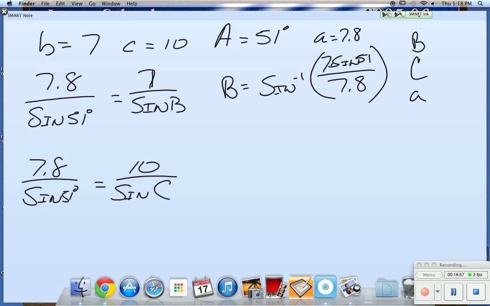Cross multiply and divide. And then I just took the inverse sine of both sides. This one here, C, is going to equal the inverse sine of, cross multiply, divide. It would be 10 sine of 51 degrees, divided by 7.8.